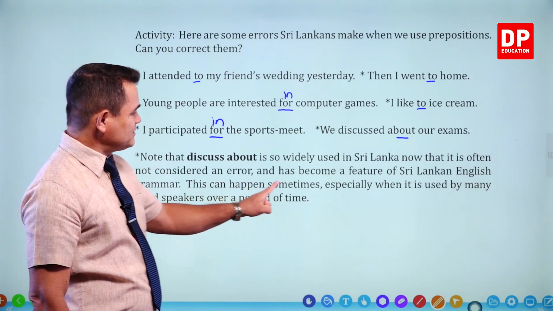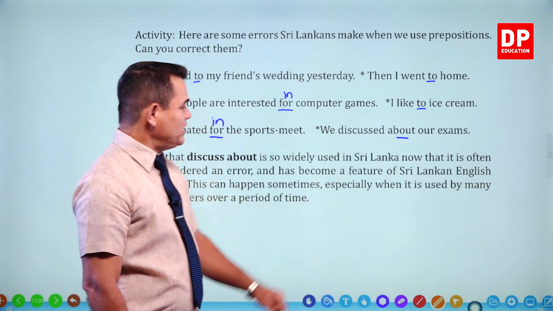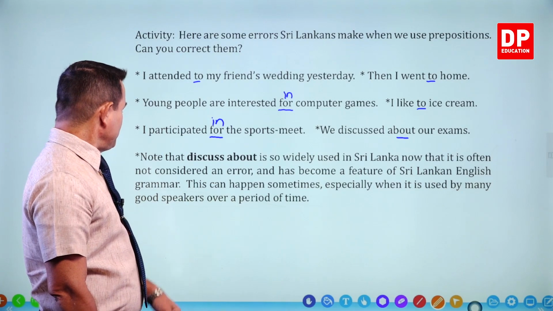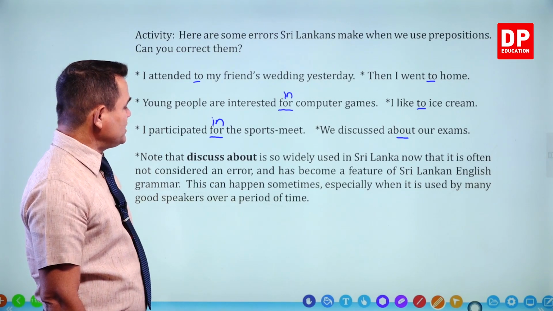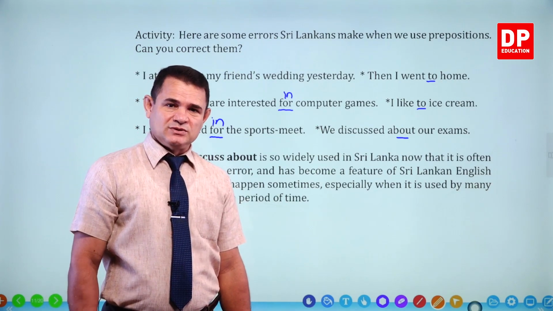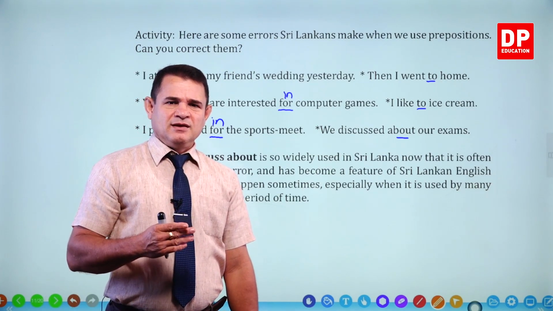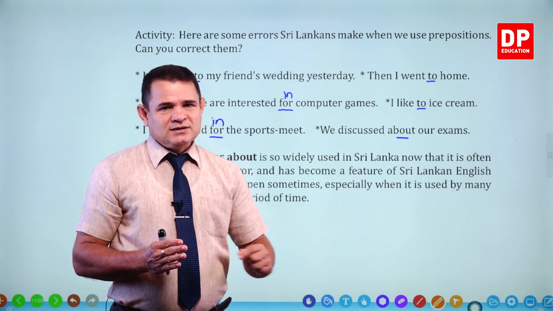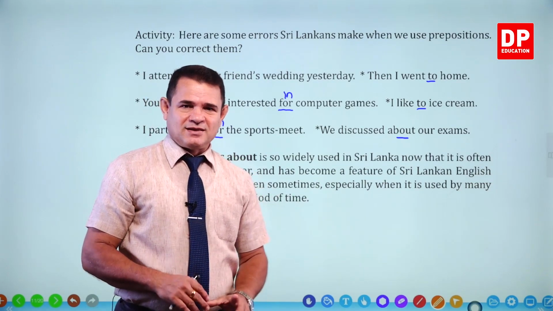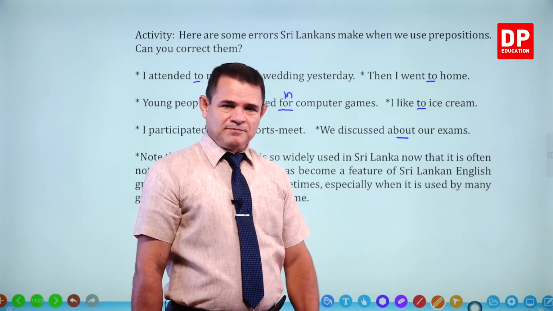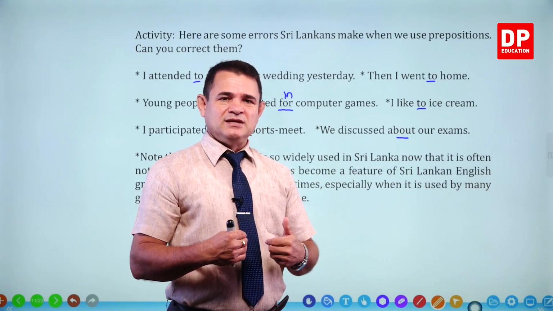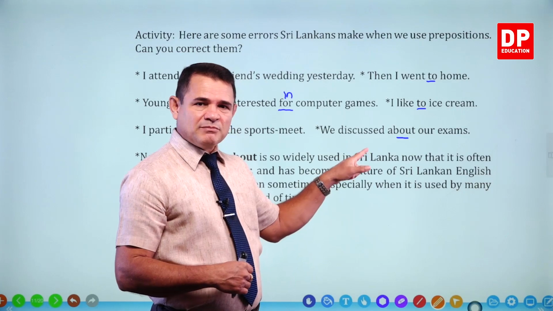This can happen sometimes, especially when it is used by many good speakers over a period of time. දැන් actually discuss කිව්වම about අවශ්‍ය නැහැ. නමුත් the Sri Lankan English, Sri Lankan people, they use it.